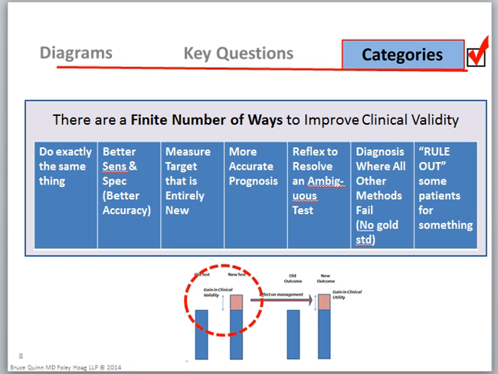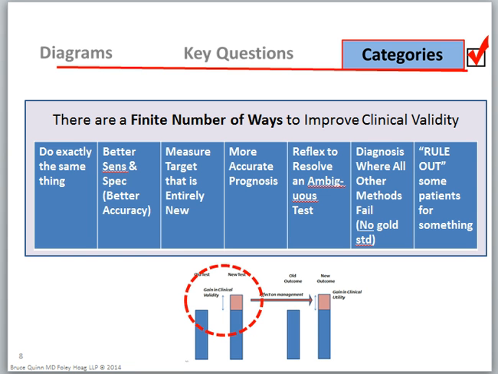The first is doing exactly the same thing. The second is better sensitivity, better specificity, or better accuracy. The third is measure a target that's entirely new. We'll see that introduces some new features. 4, more accurate prognosis. That introduces some very interesting things. 5, you can reflex to resolve an ambiguous test.